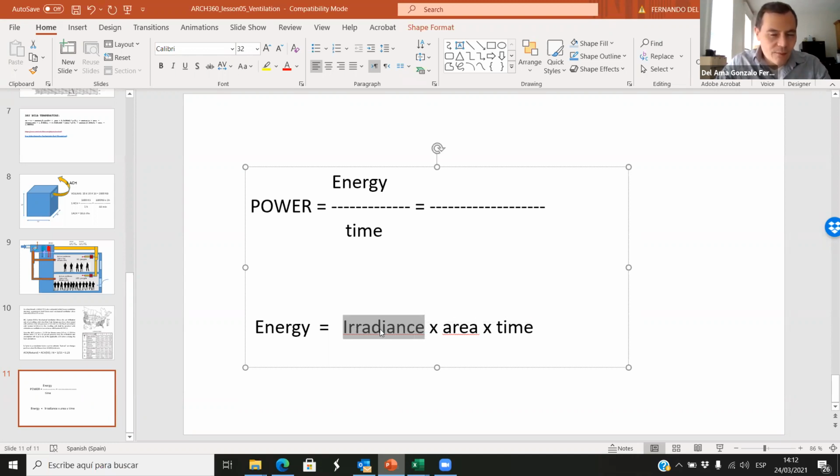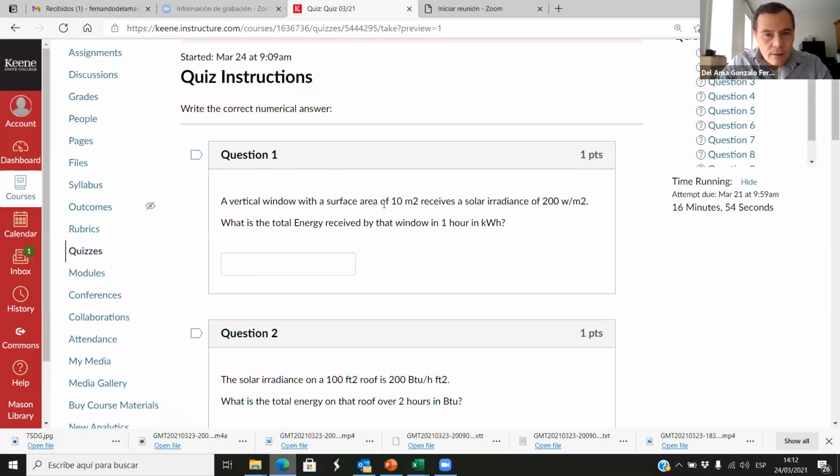We talk about this irradiance because it's power divided by square feet, and then we have to turn that into energy. Okay, so let's do it as an example. So the first one is the area is 10 square meters, the solar irradiance is 200, and we have to calculate the energy received in 1 hour, okay?